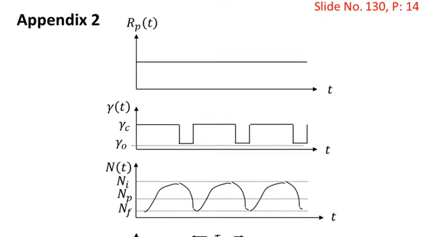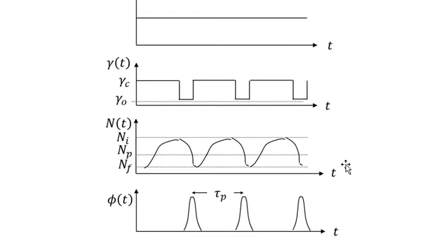And you can see that the losses fluctuate. Losses become lower when the Q switch is on, and when the Q switch is in the off state, that is in the closed form, then we have the maximum losses equal to gamma c. Otherwise, when the Q switch is open, we have the losses equal to gamma naught.